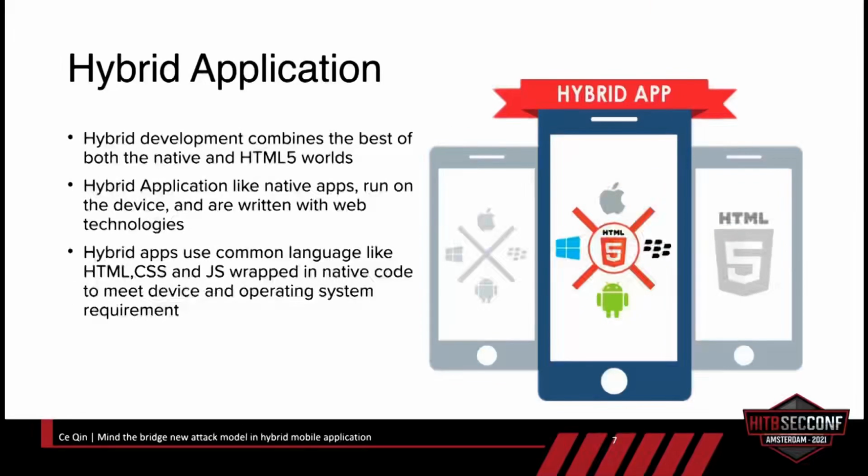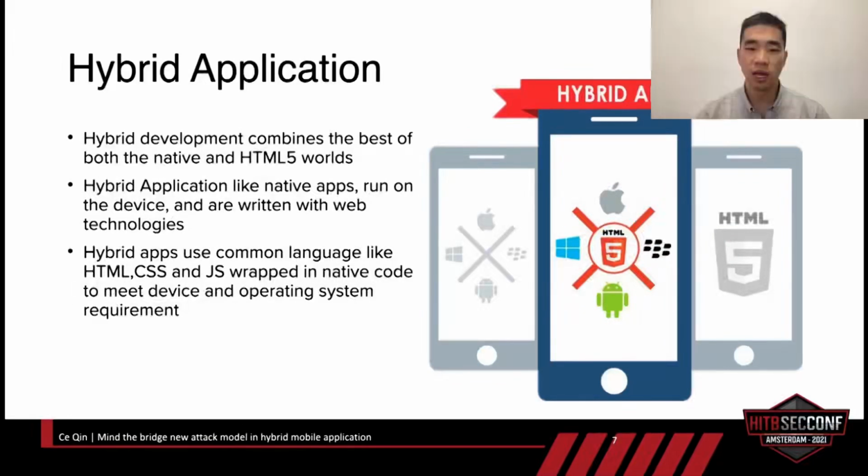Hybrid development combines the best of both the native and HTML5 worlds. Hybrid applications, like native apps, run on the device and are written with web technologies. Hybrid apps use common languages like HTML, CSS, and JS wrapped in native code to meet device and operating system requirements.